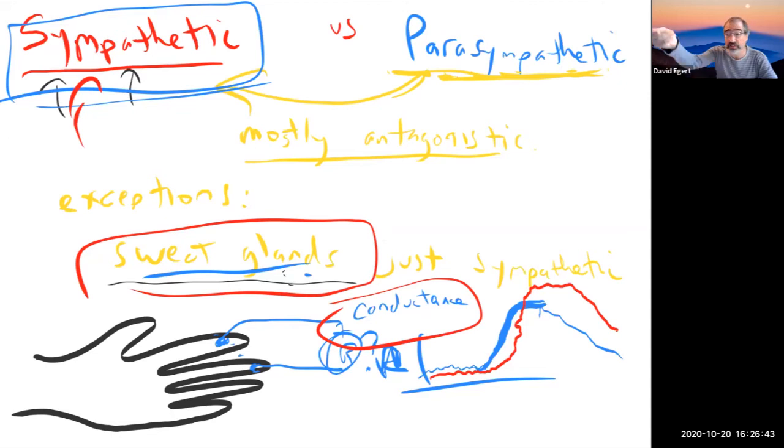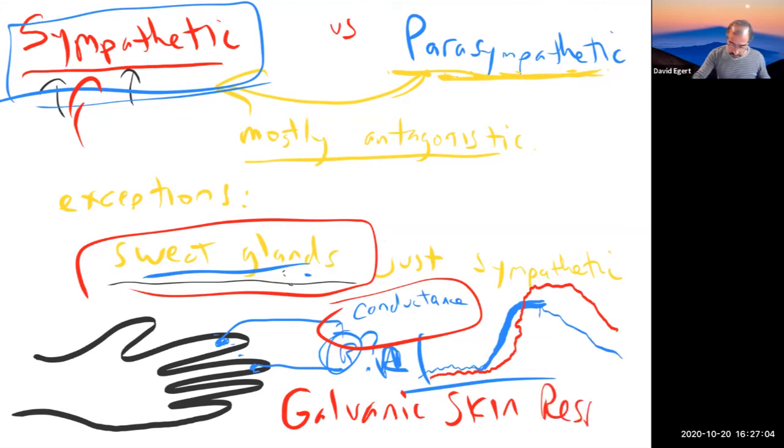And again, it's used in lots of spy movies because it's a core part of the lie detector test. The polygraph looks at different things like your heart rate and this and that, but part of the polygraph is what they call galvanic skin response, GSR.